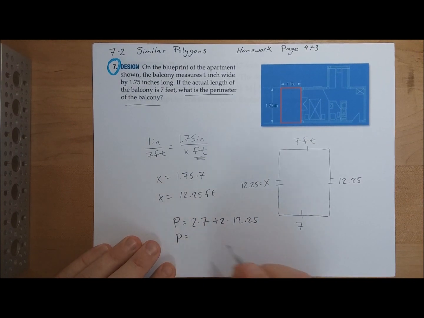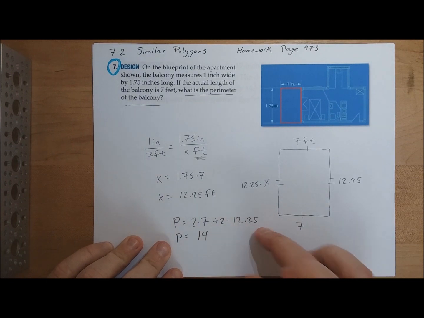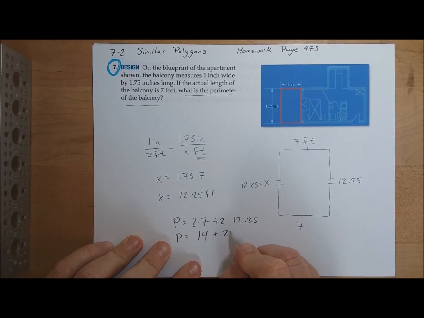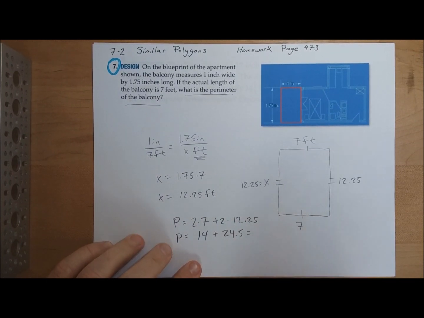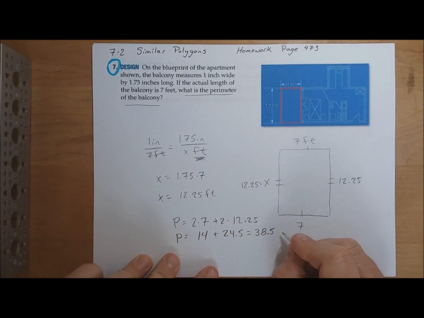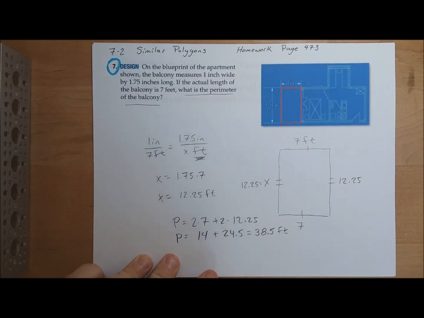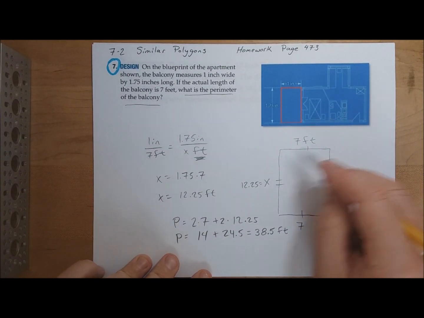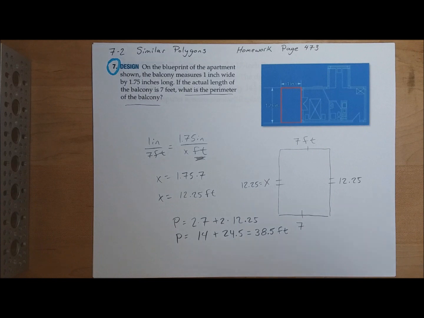So our perimeter is going to be 2 times 7 is 14, 2 times 12.25 is 24.5. So I believe we find our perimeter is 38.5. And what are our units going to be? Feet. And perimeter is just feet. That's just a linear distance around the outside. Good.